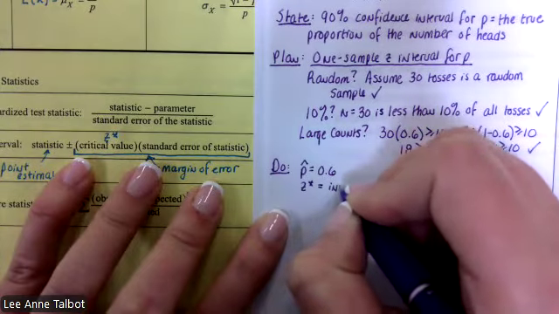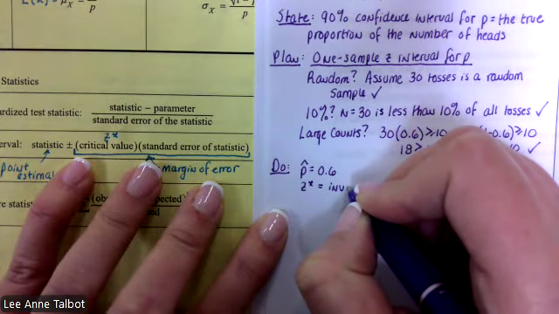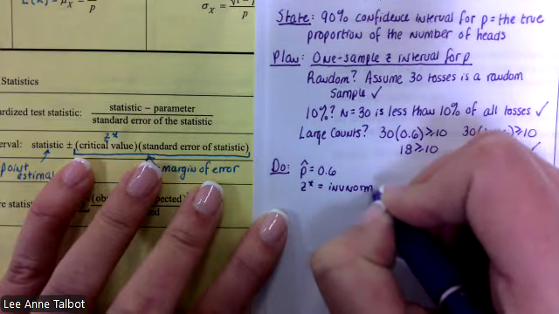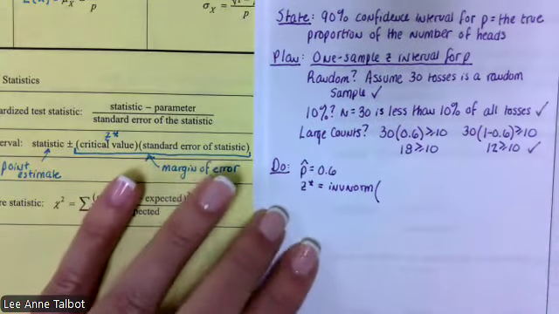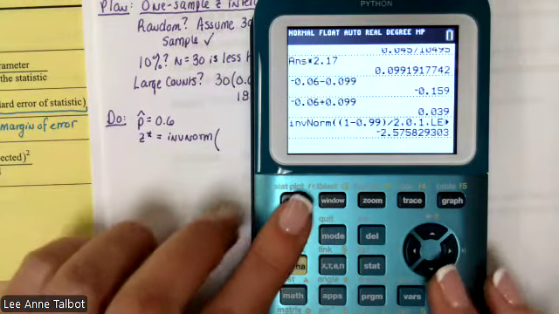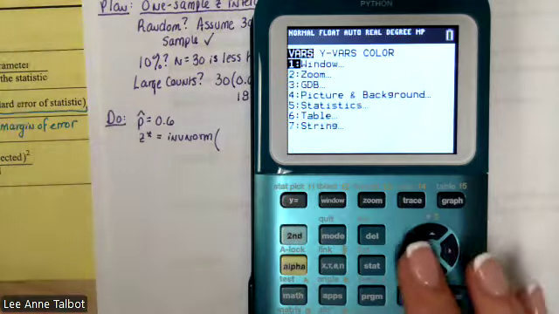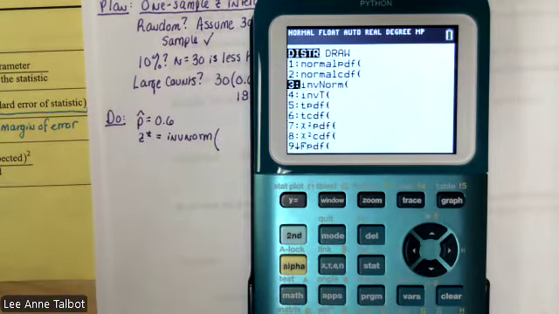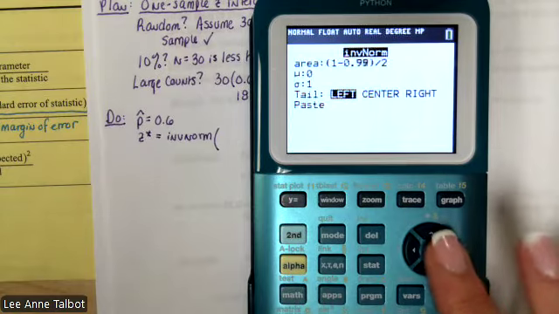I'm actually going to find it. And I also went into my calculator this morning to do one, and the parentheses were missing. So we have to remind ourselves what to do in case they're missing.